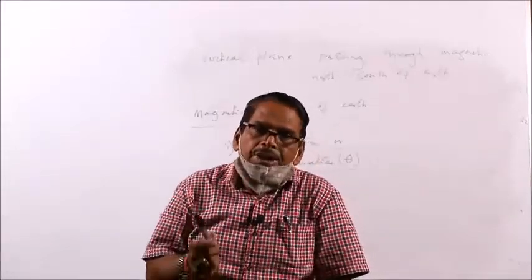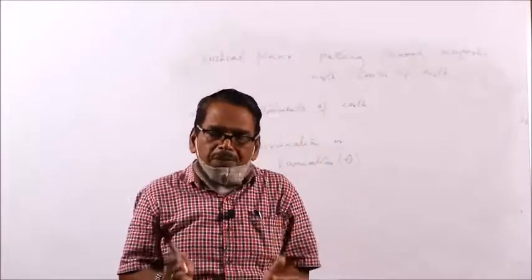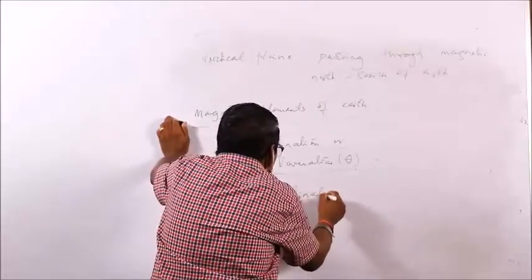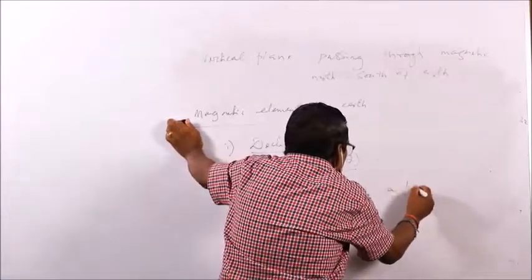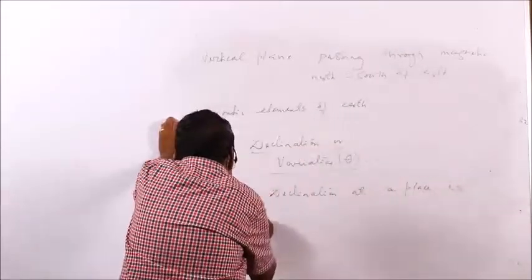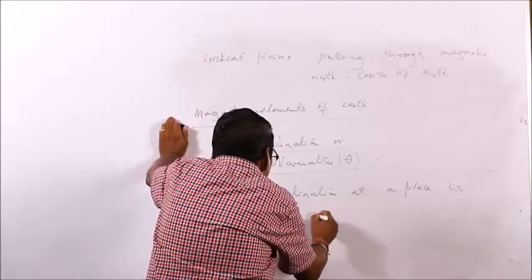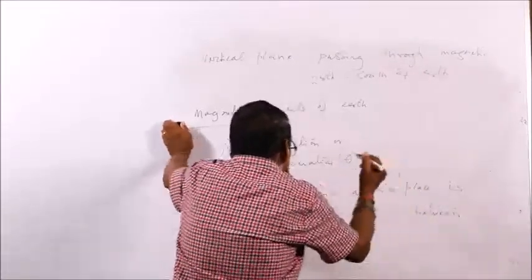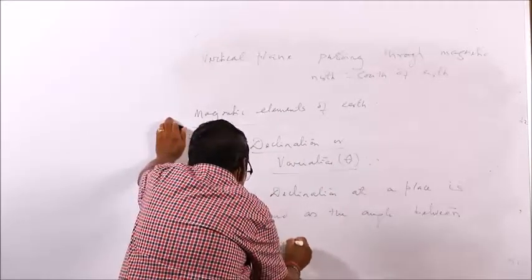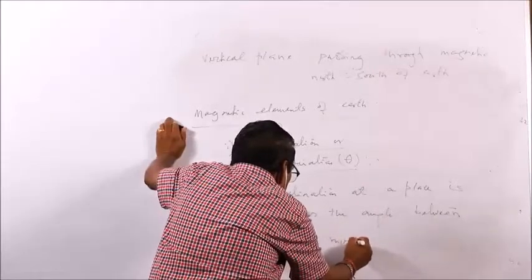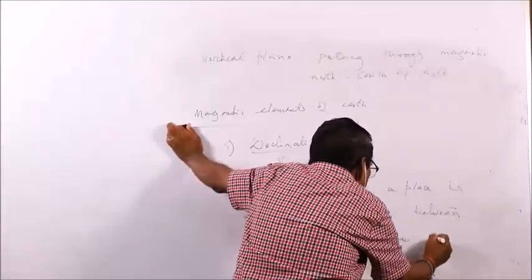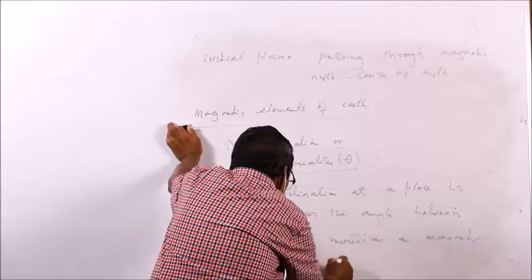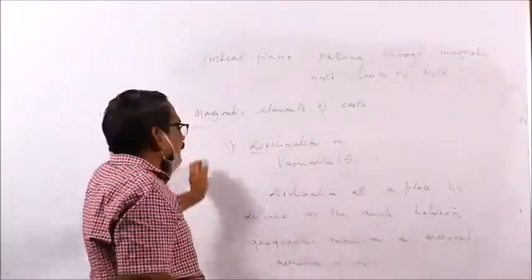Declination at a place is defined as the angle between the geographic meridian and the magnetic meridian of Earth. This is your declination or variation.